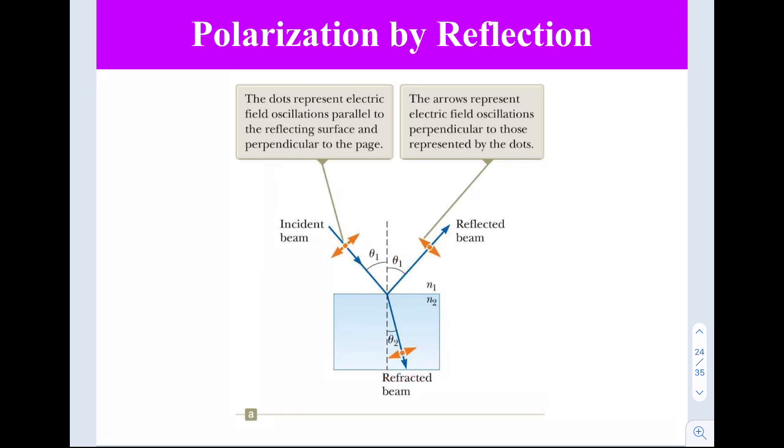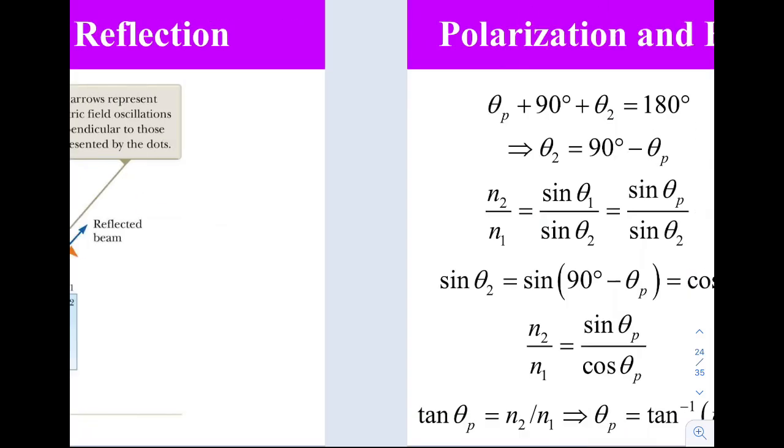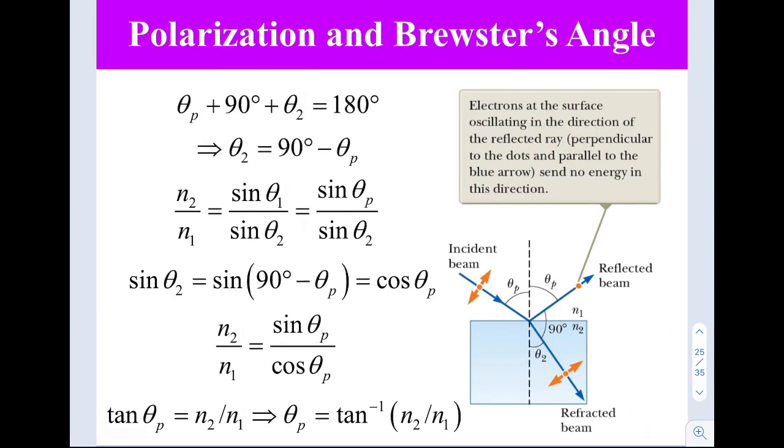Now, suppose the angle of incidence theta 1 is varied until the angle between the reflected and refracted beam is 90 degrees, as shown in this figure.